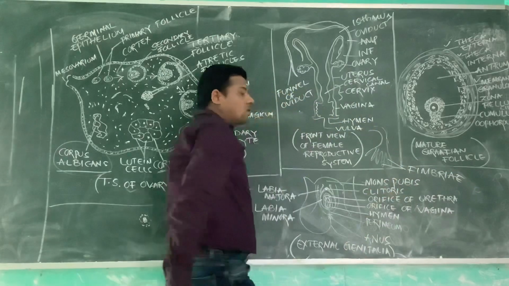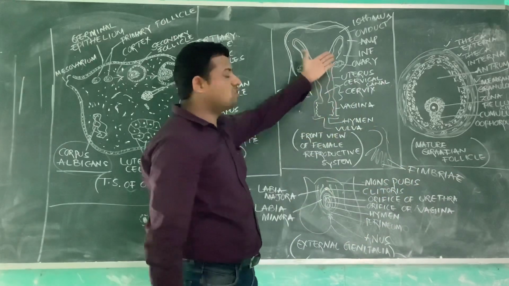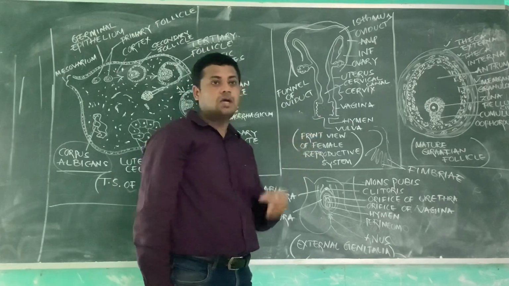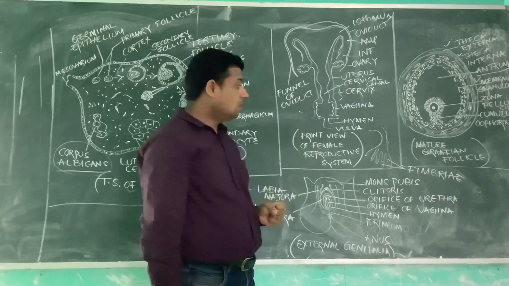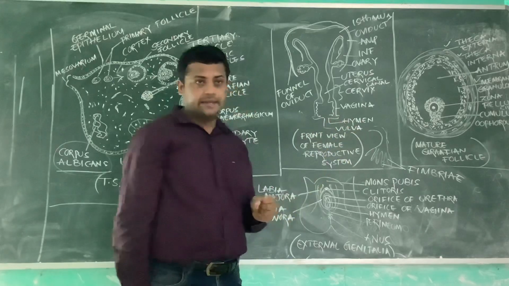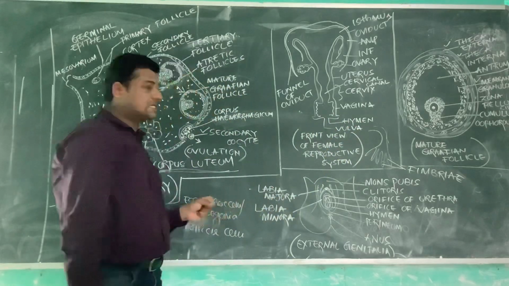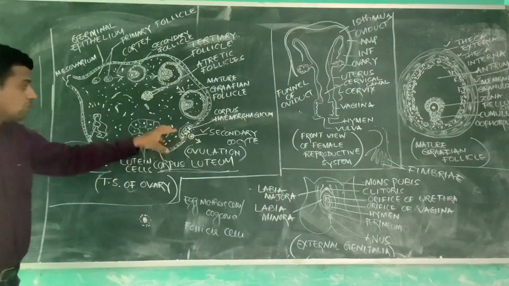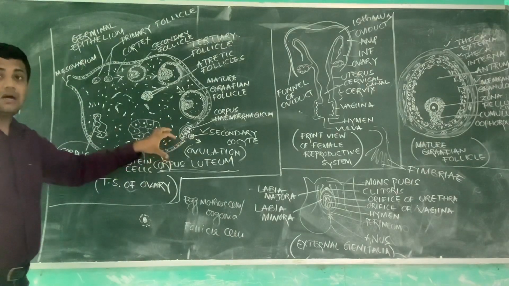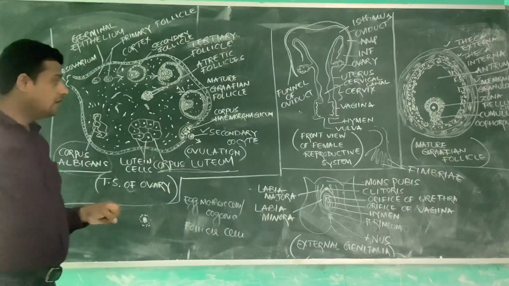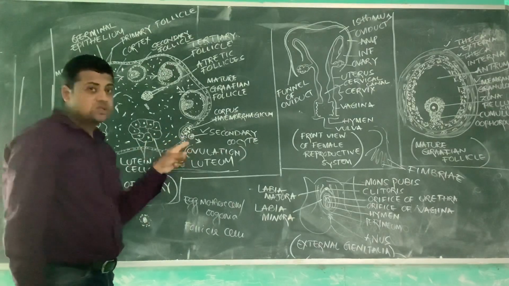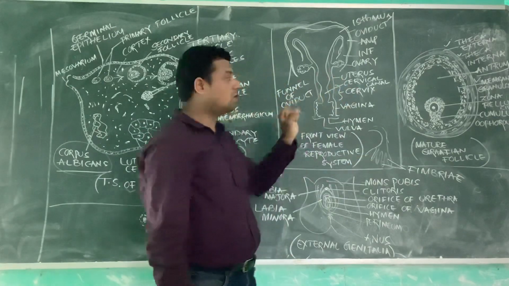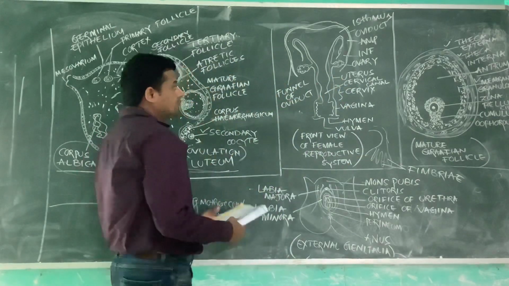Fimbriae are the finger-like projections at the proximal end of the oviduct or fallopian tube, which surround an opening called the ostium. So, what is the role of fimbriae? When ovulation takes place on the surface of the ovary, the released secondary oocyte is picked up by the fimbriae of the oviduct.